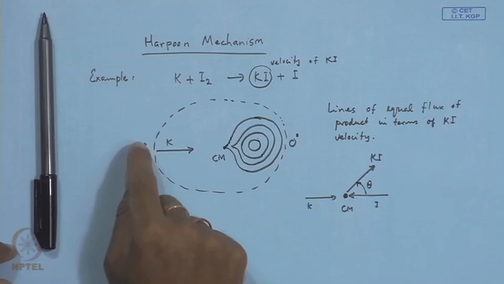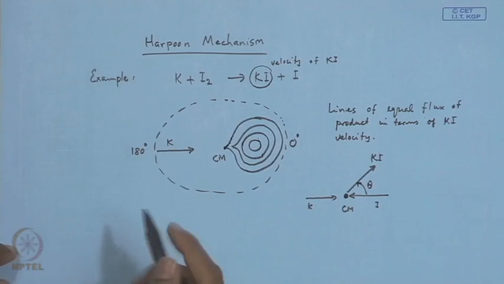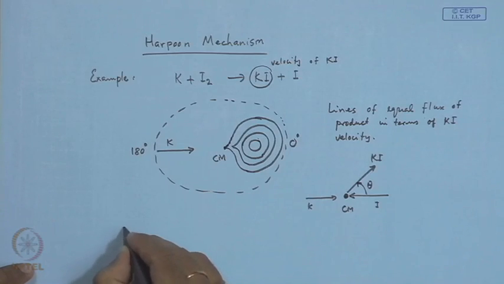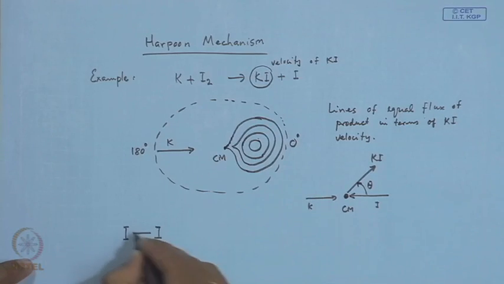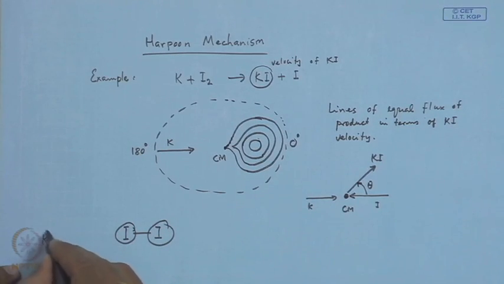Now, for fairly heavy or heavier reactants, since it is a case of forward scattering, you have got your iodine over here, like your K is coming maybe this way.